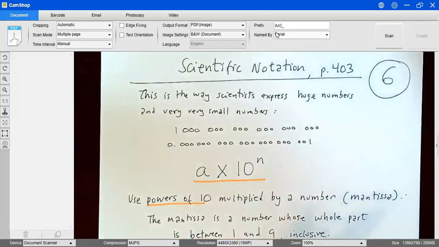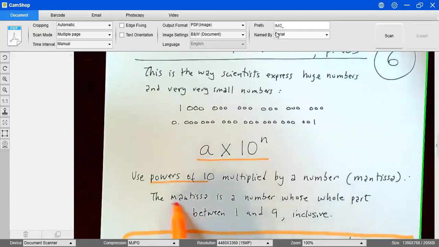The mantissa is a number whose whole part is between 1 and 9 inclusive. Meaning that you can have 1 point something, 2 point something, up to 9 point something. Those are mantissas.